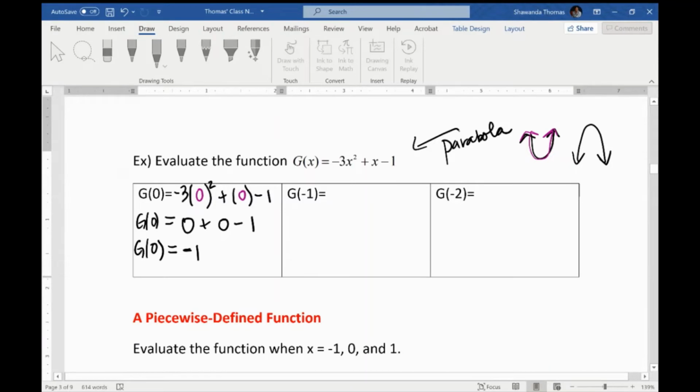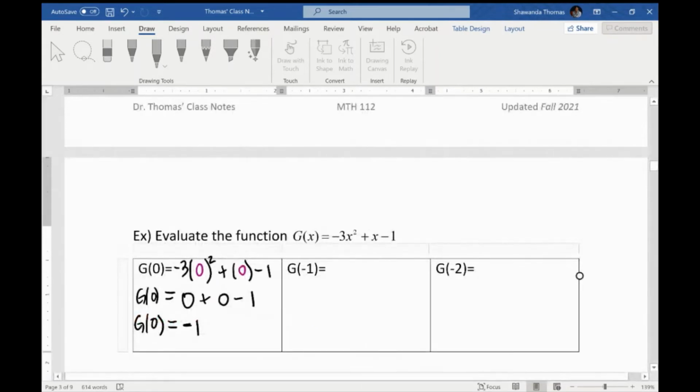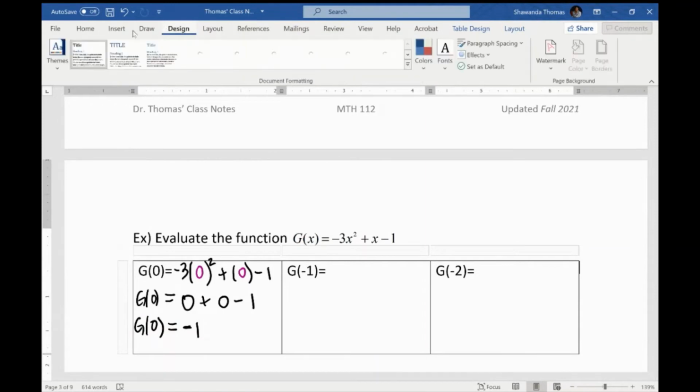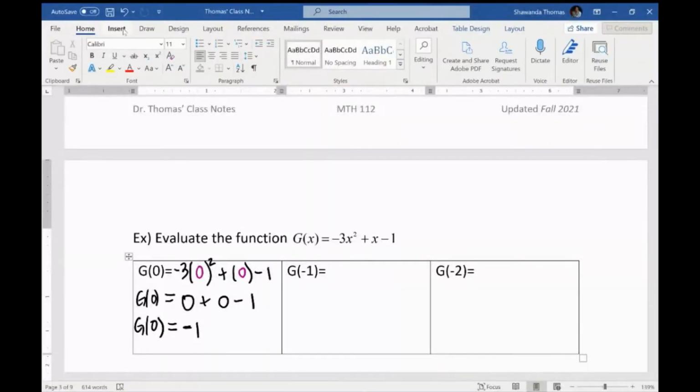I might have to erase some things because it's not letting me draw. I don't know why. Hold on. Sometimes you have to fool the computer, y'all.